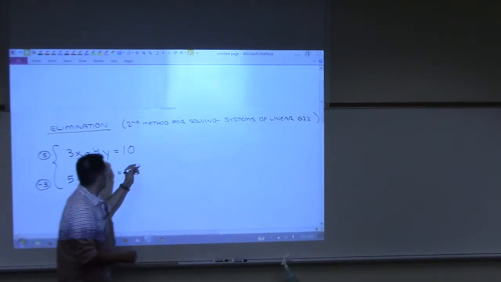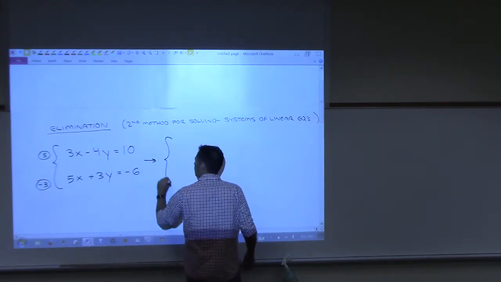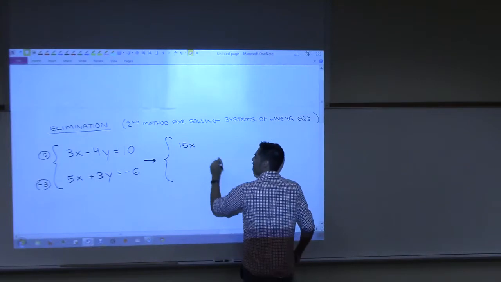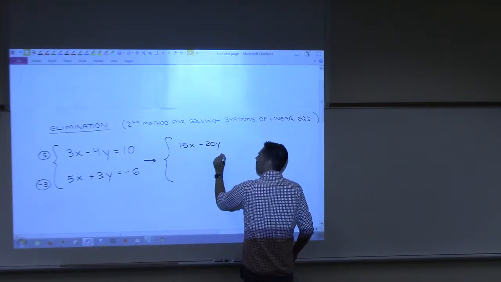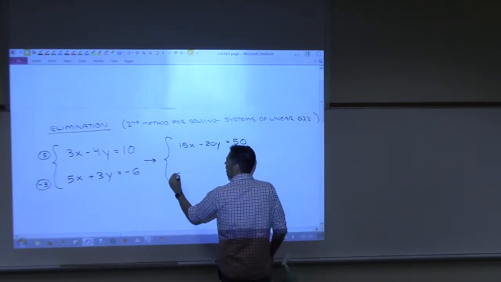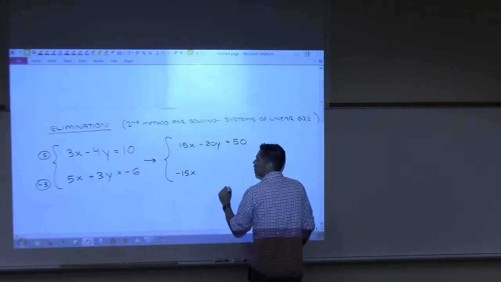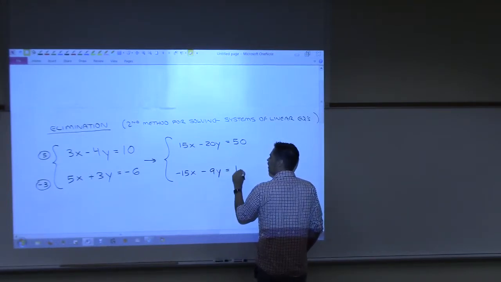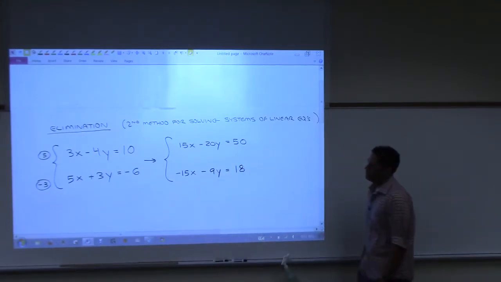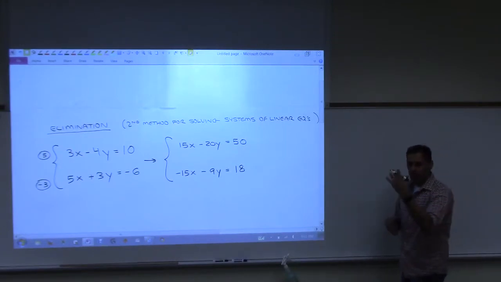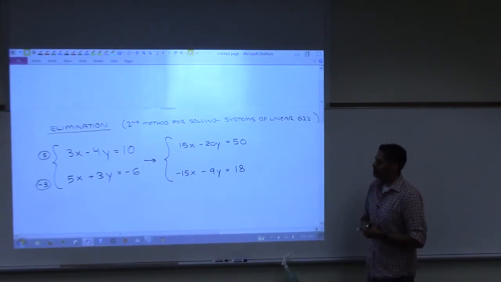Now let's see what happens. 15x, what's the rest of this? Minus 20y equals 50, okay. And then the next one, negative 15x minus 9y equals 18. Good, so what I've done is I've created the opposites, and now when I add down, I should be in business.